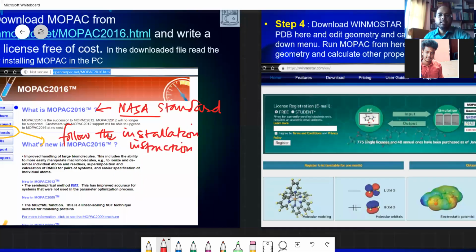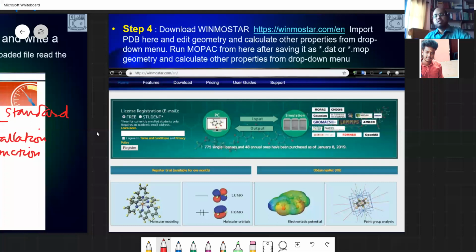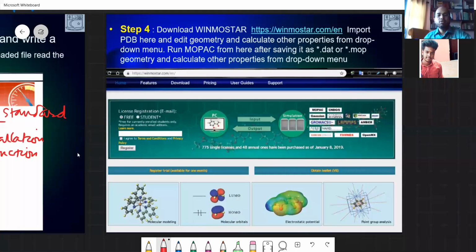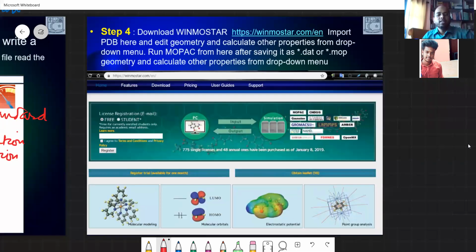Okay. Then download WinMoStar. This is another step, step 4. I think we have seen the WinMoStar also. Again, this is also only for students. You see so many offers for the students which I am not getting. Therefore, it's the right time for you to get them. So this is the link there.